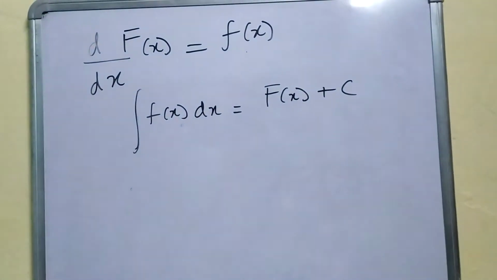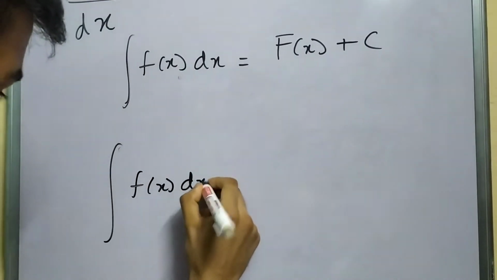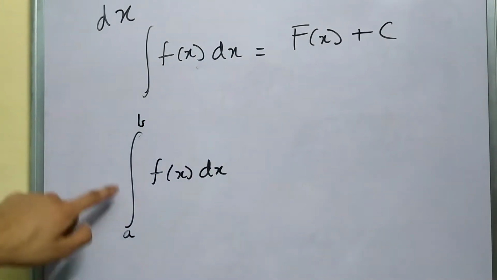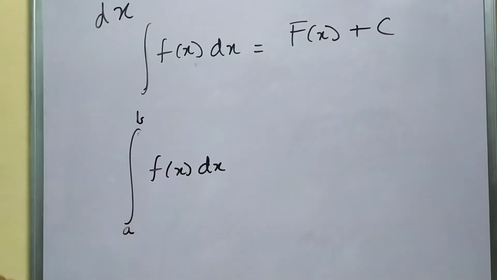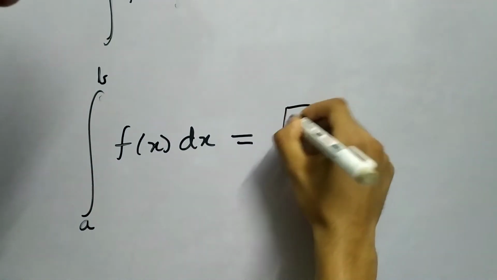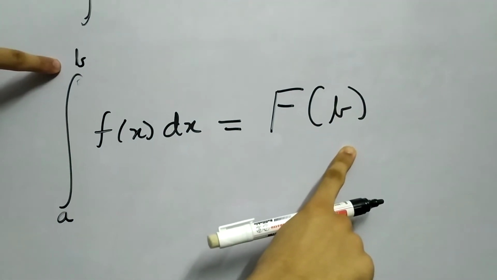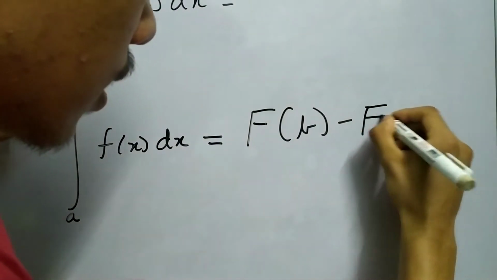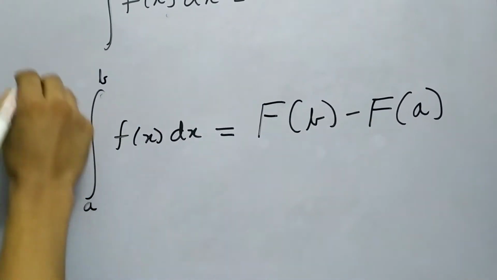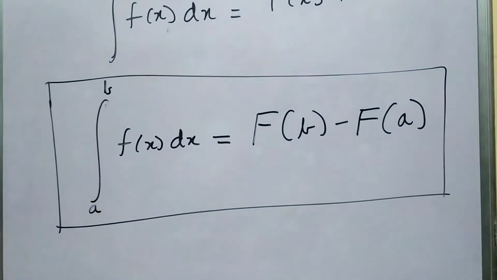It says that the integral of f of x dx from a to b is the antiderivative evaluated at b, the upper limit, minus capital F of a, the antiderivative evaluated at the lower limit. So this is the fundamental theorem of calculus.